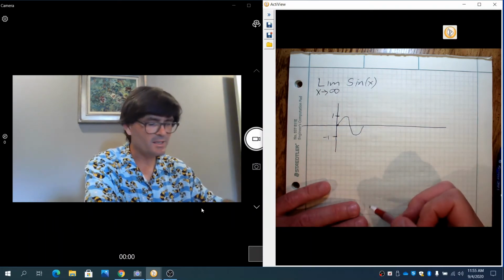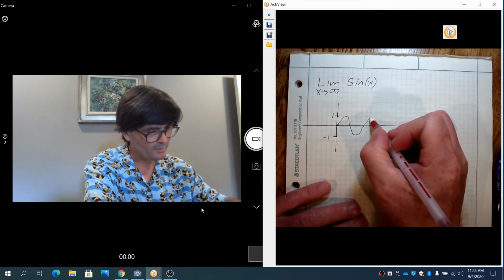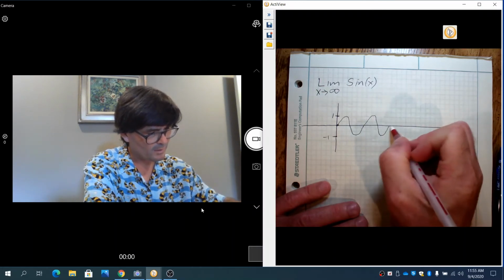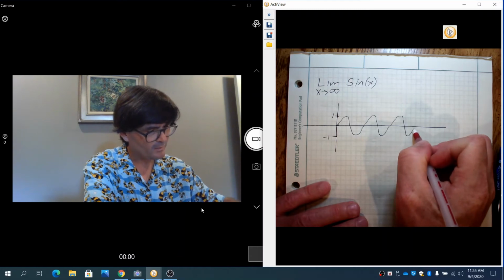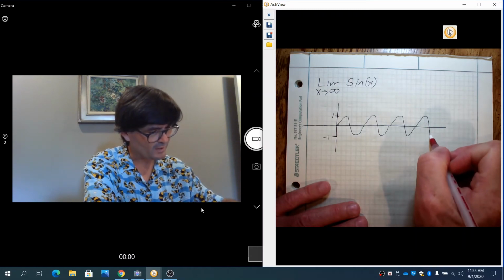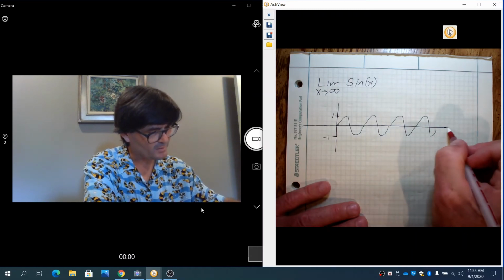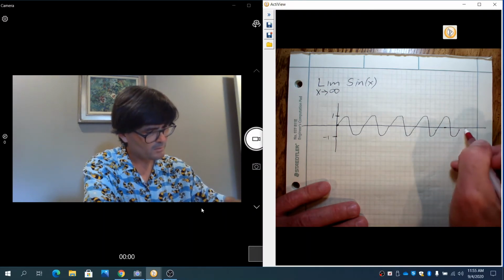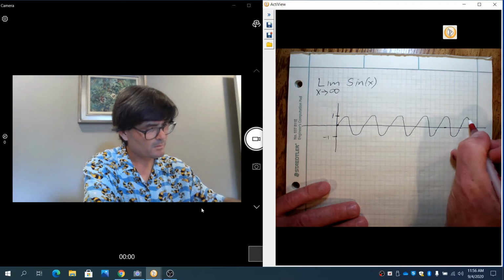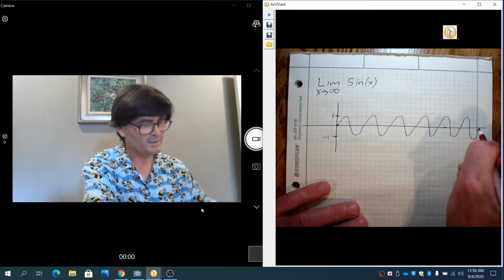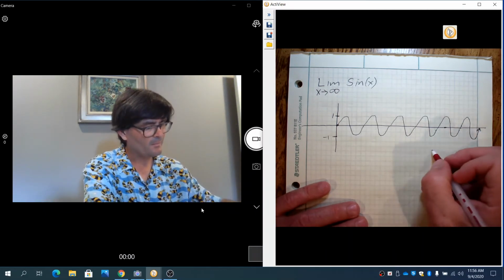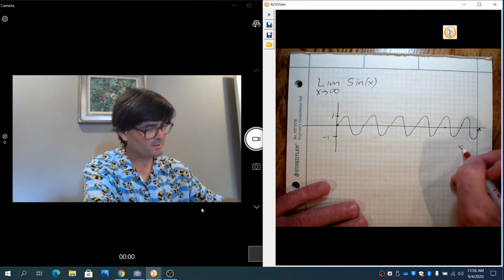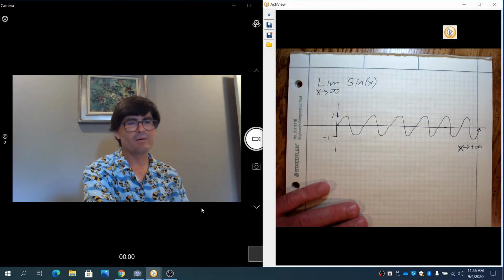And then as x continues going to the right, we'll have another period, and another period, and another period of sine. And this keeps going. I'm going to put a little arrow on this to indicate that it keeps going as x goes to infinity that way.